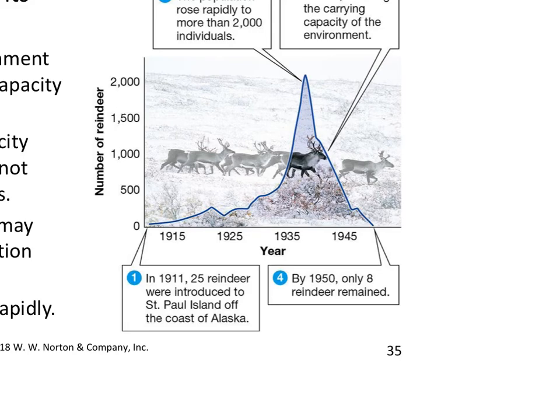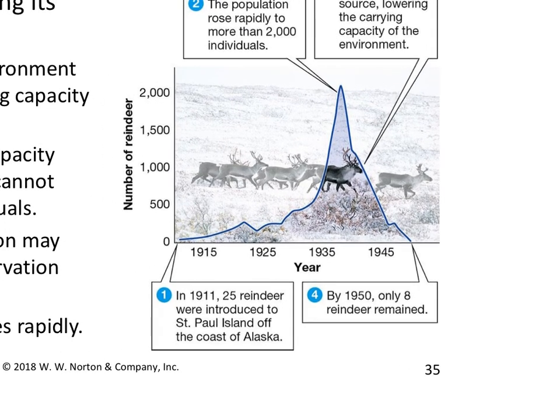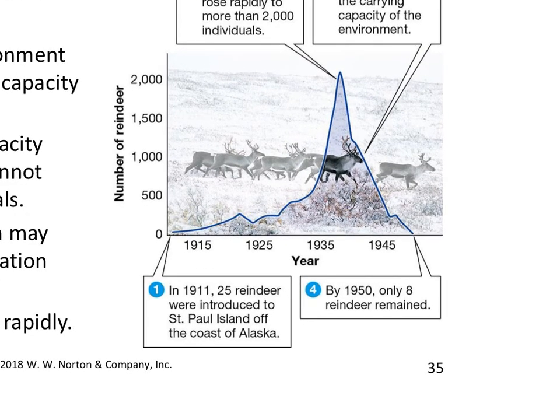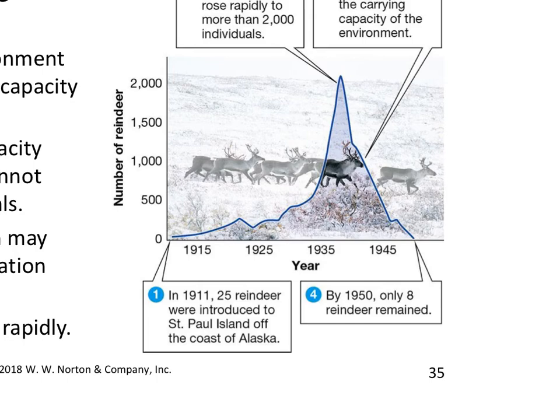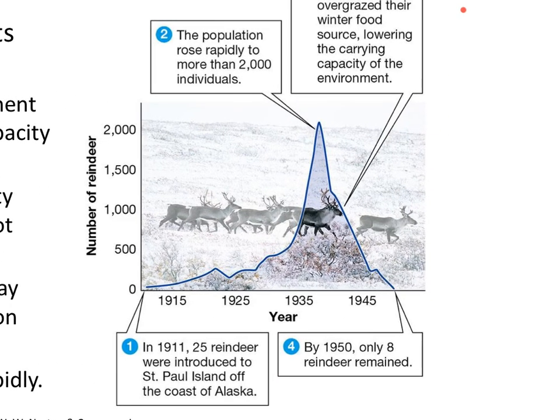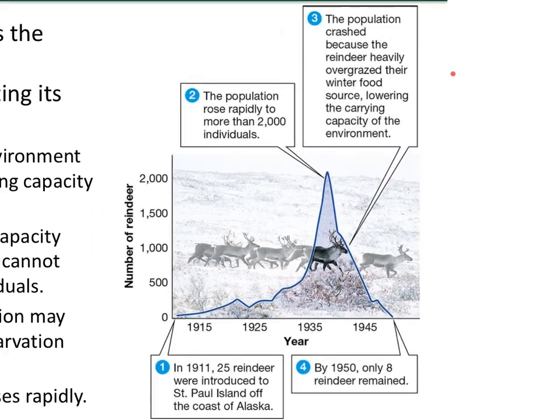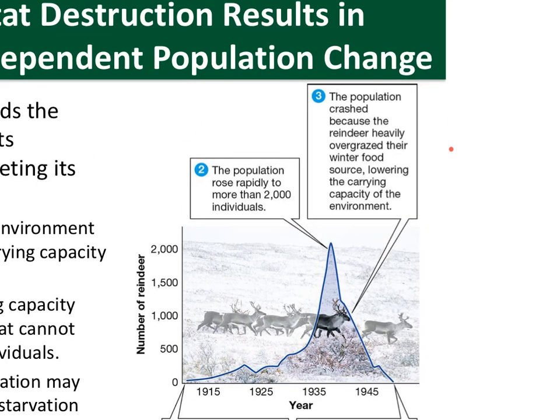In other words, the carrying capacity might have been, whatever it is, let's say 100, and they went so far above that they destroyed the habitat so much that in the end, only a few individuals could actually survive.